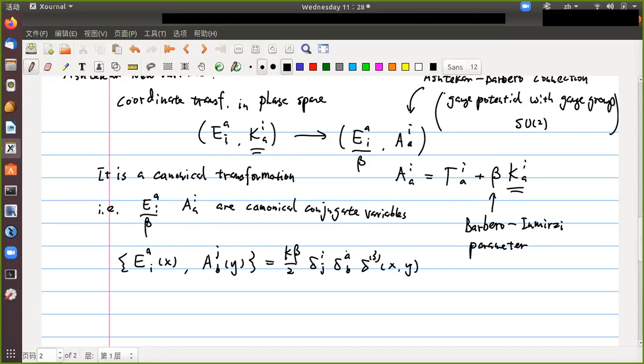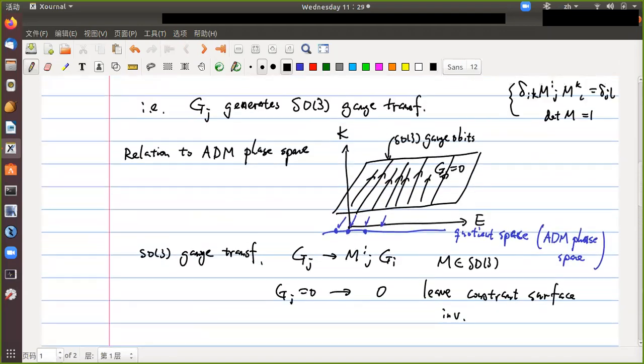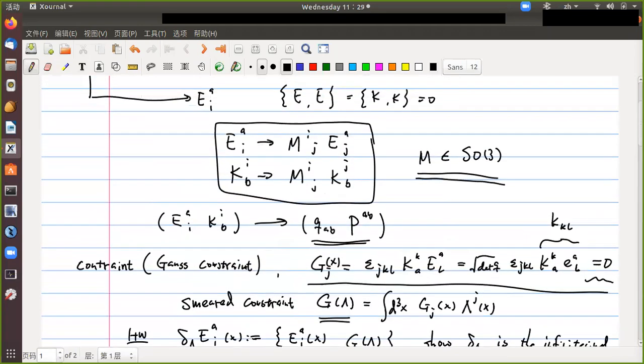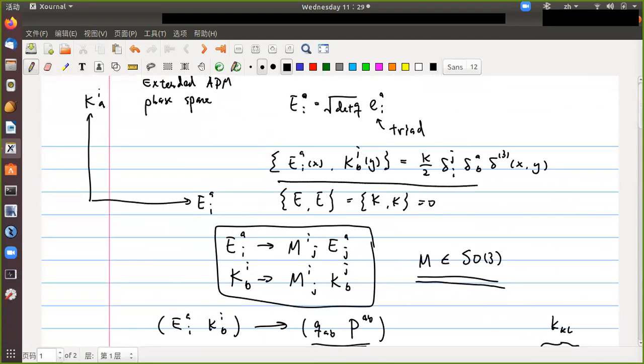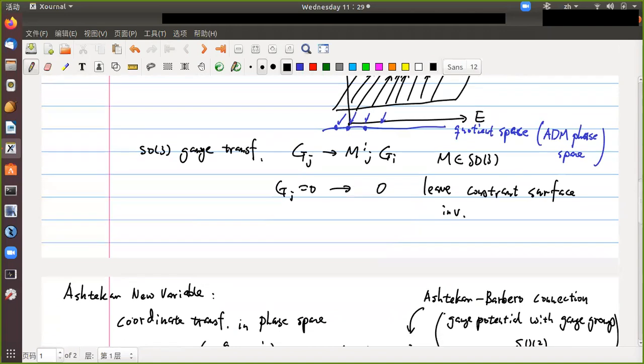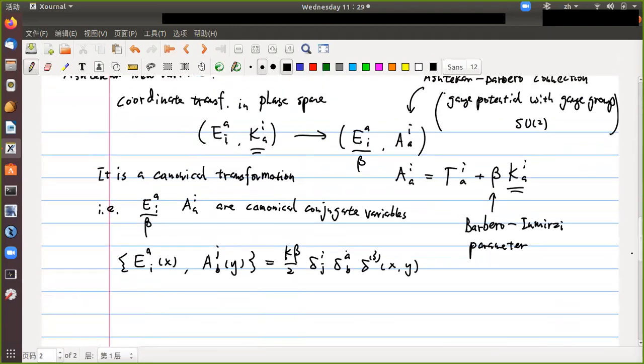Here you can see that if you move this beta from the right hand side to the left hand side, you find E divided by beta is really canonical conjugate to A. It's the same formula as here, but you just replace K by A. So E and A are canonical conjugate variables, and this Poisson bracket and the Poisson bracket between E and K are the same Poisson bracket.